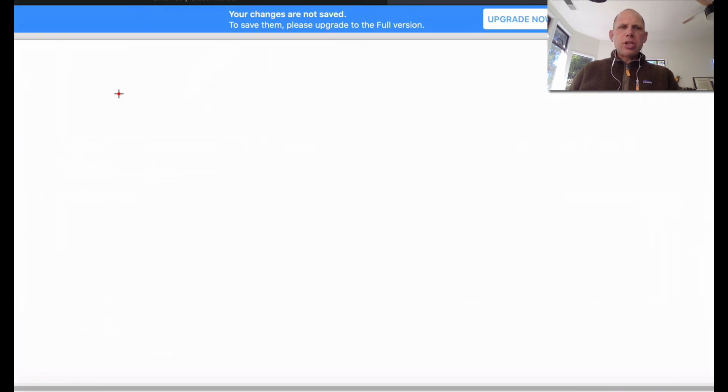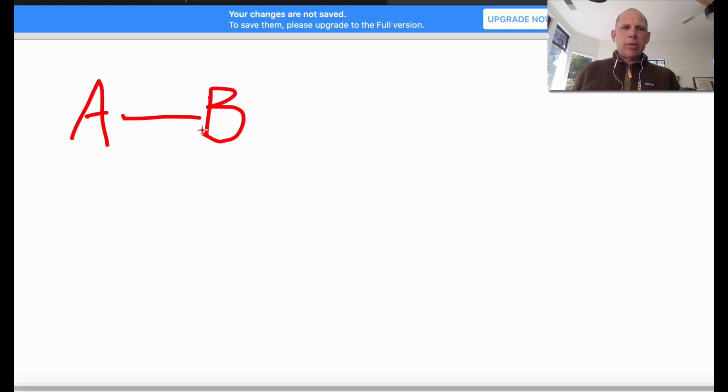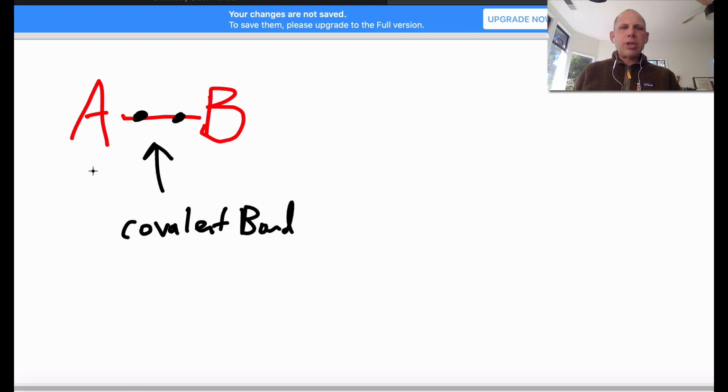Let's just start off by looking at a molecule, A covalently connected to B. And remember, a covalent bond is made of 2 electrons. So first off, this is a covalent bond, and we know that because the electrons are being shared.